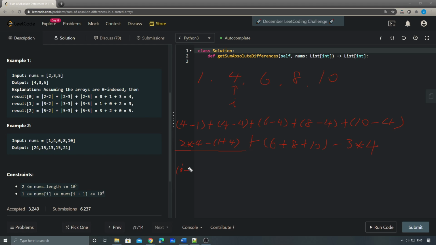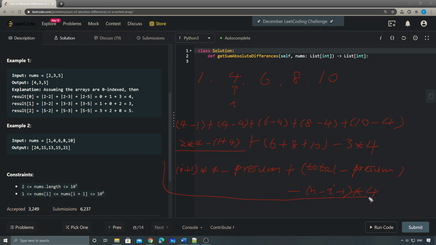So we have (i plus 1) times 4, minus the prefix sum, minus, for this part, the total minus the prefix sum, and then we subtract (n minus i minus 1) times 4.